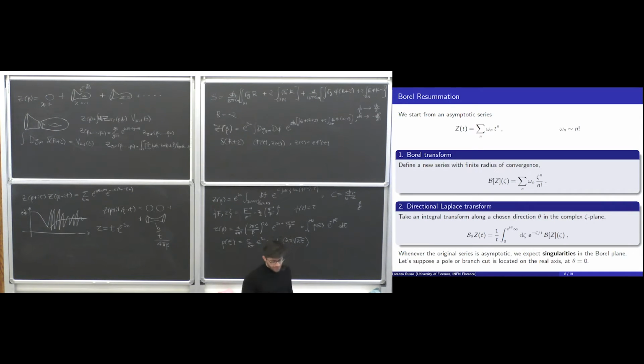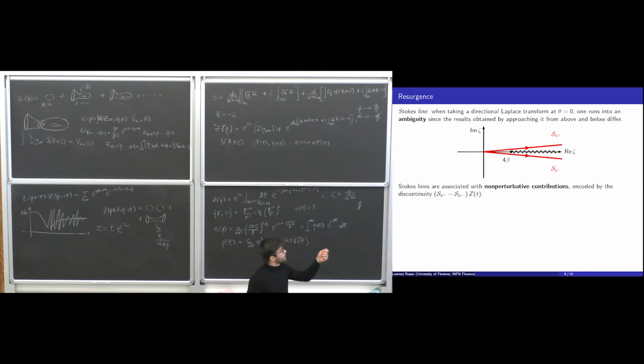So for example, let's say that you have a pole or a branch cut located on the real axis of your Borel plane. How would you extract your non-perturbative information? Well, you would get some ambiguities in deciding whether you're performing your directional Laplace transform above or below your cut. And the non-perturbative contributions are encoded in the discontinuity of the result that you would get by performing one or the other.